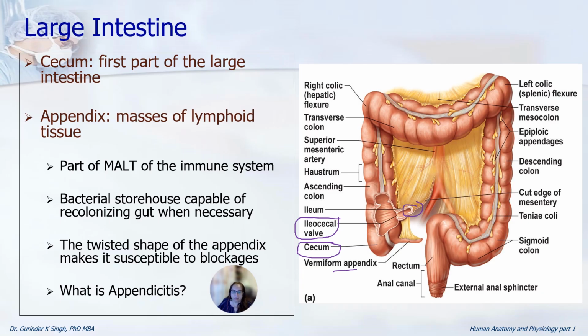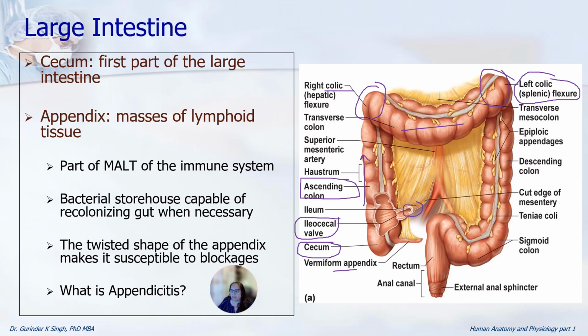Then we also have the ascending colon. So this way is the ascending colon, and then it makes a right angle at this corner, which is known as the hepatic flexure because it's towards the liver, or it's also known as the right colic flexure. And then you have the transverse colon, and then we have the left colic or splenic flexure present here.